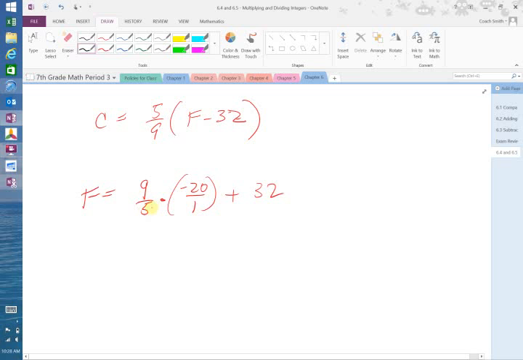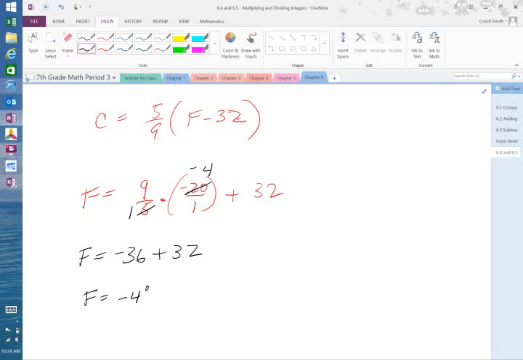I can cross cancel here. 5 goes into 5 once. 5 goes into that 4 times. Be negative. So what's negative 4 times 9? Negative 36 plus a positive 32. Okay? Negative 4. So the Fahrenheit temperature would be negative 4 degrees. So if it's negative 20 degrees Celsius, it would be negative 4 degrees Fahrenheit.